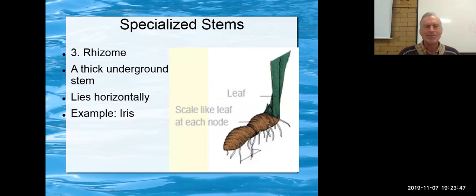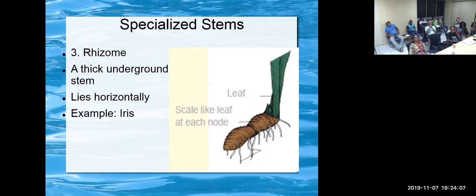So rhizome, a thick horizontal underground stem. An example of this is another ornamental one, an iris. And I was wondering, taro grows something like this, doesn't it? I've never grown taro, but yes, that might be another rhizome.